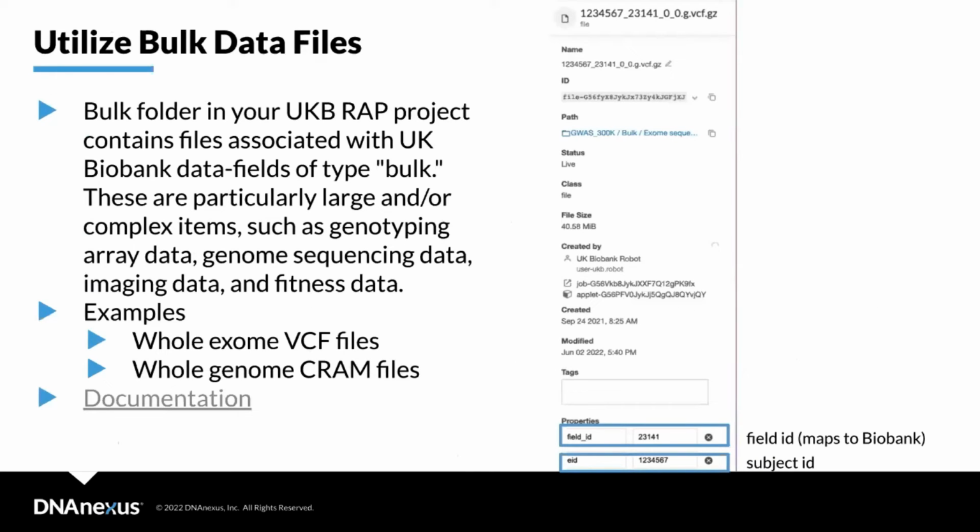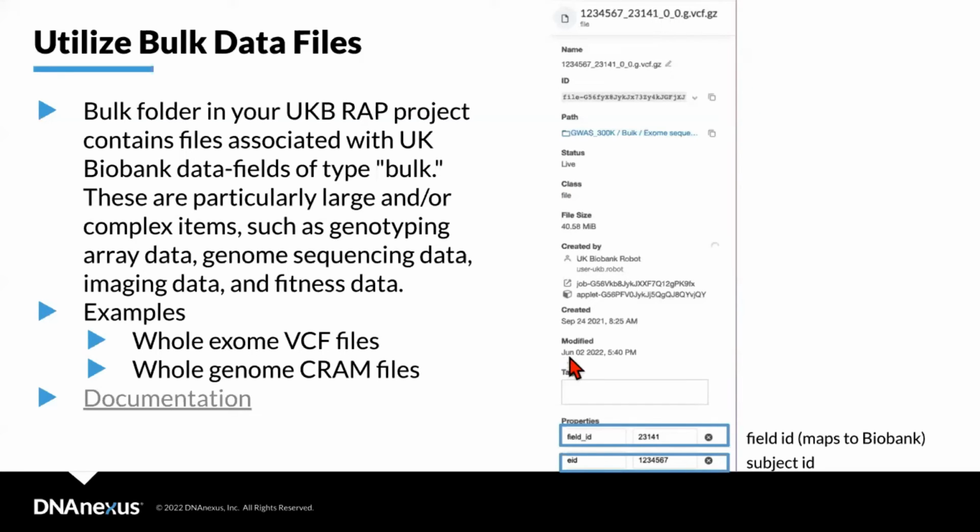So in order to show you how you can work with bulk data, let me first remind you what bulk data files are. These are the data files which in UK Biobank have a type of bulk. There are actually two types of bulk data files. One is per group, so for example, this could be PLINK files or pVCF files. And the other is per sample, for example, per sample VCF files, per sample CRAM files, or imaging files.